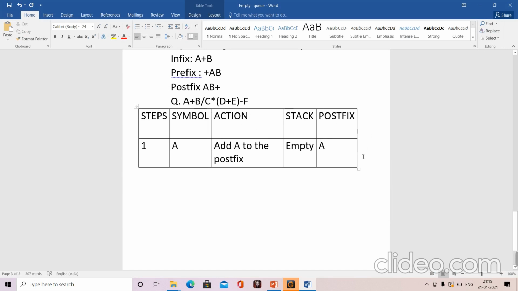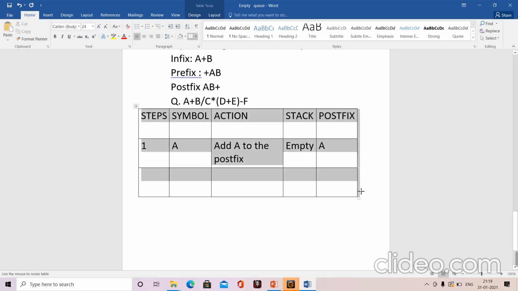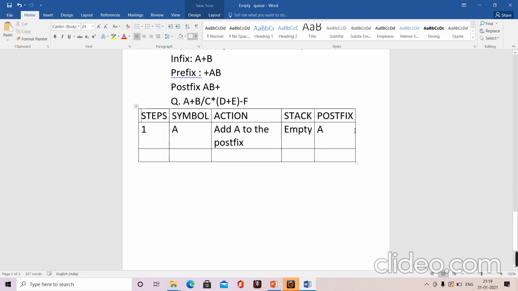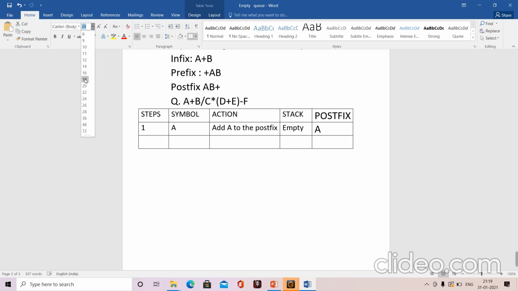Then we scan again. In the second step, the next symbol that we encounter is plus.